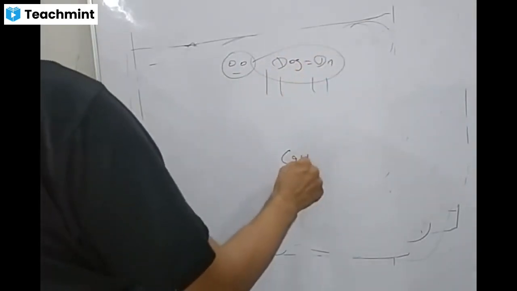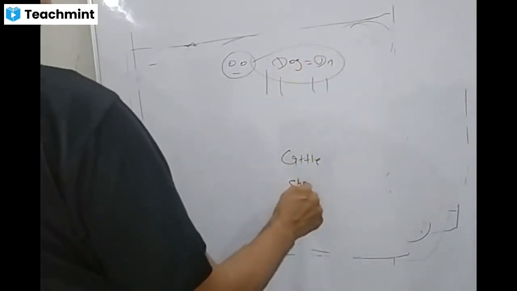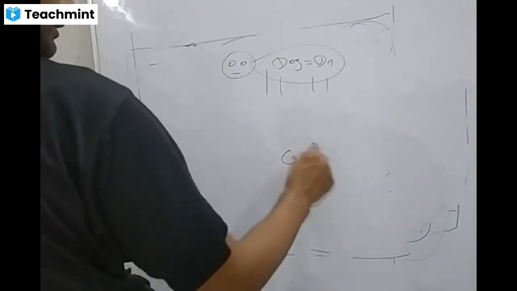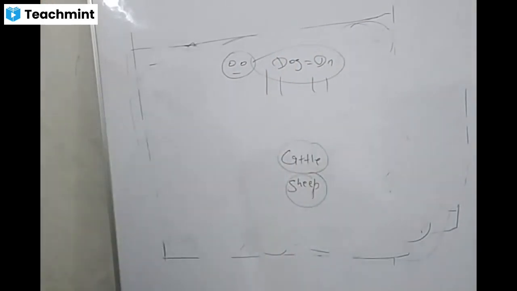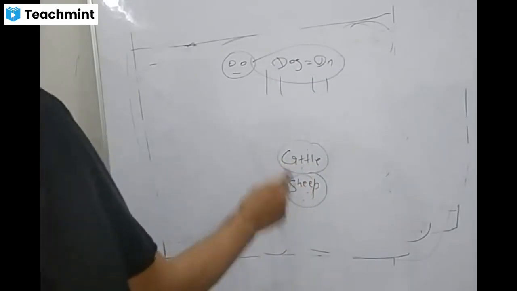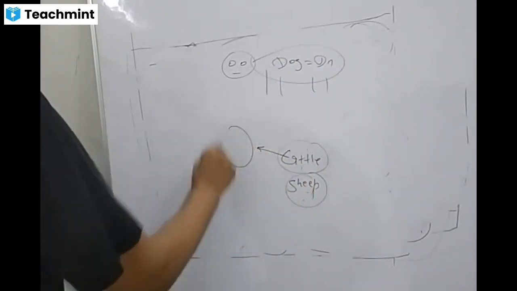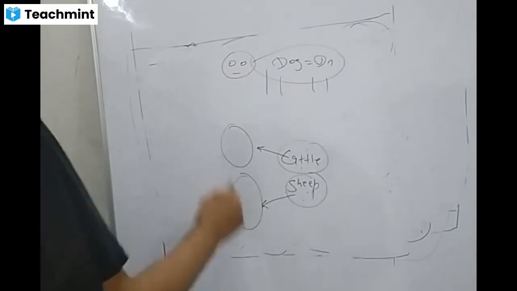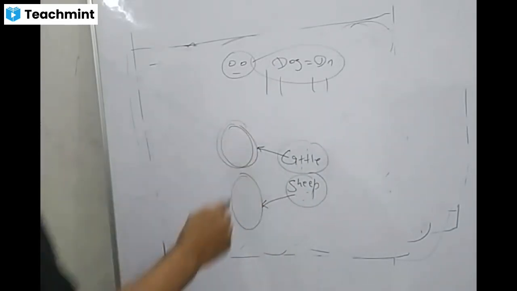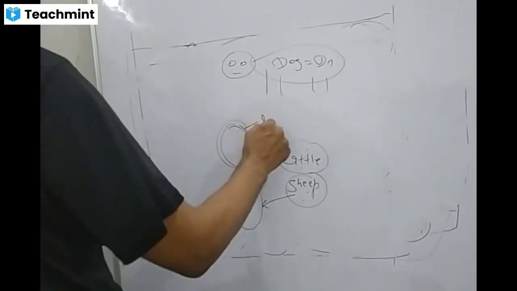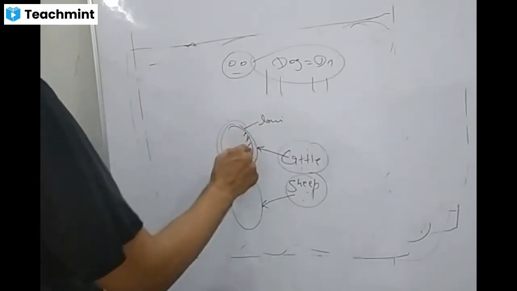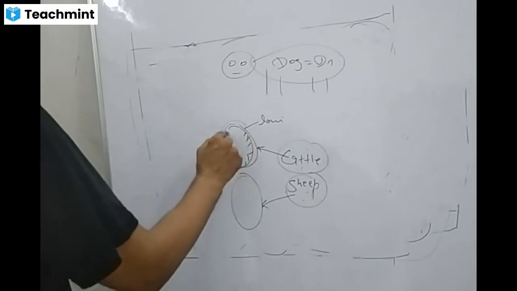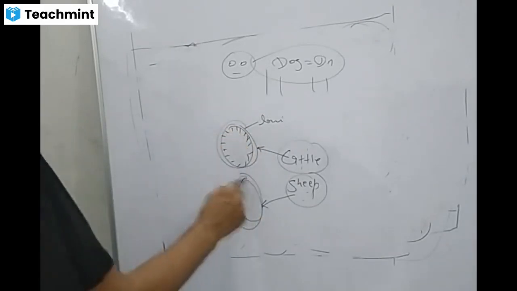Then we have cattle and sheep. In the body of cattle and sheep, cysts are formed. And these hydatid cysts have two layers. The outer is laminated, the inner is germinal. Why germinal? Because something is germinating from this.